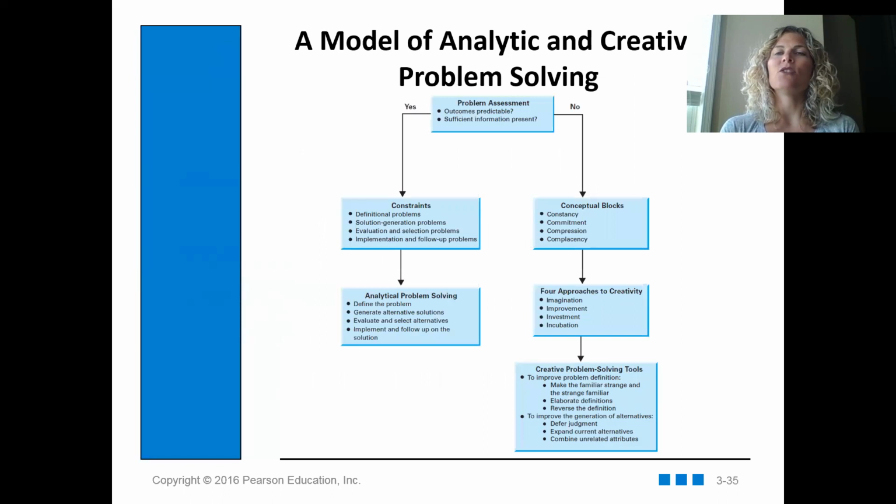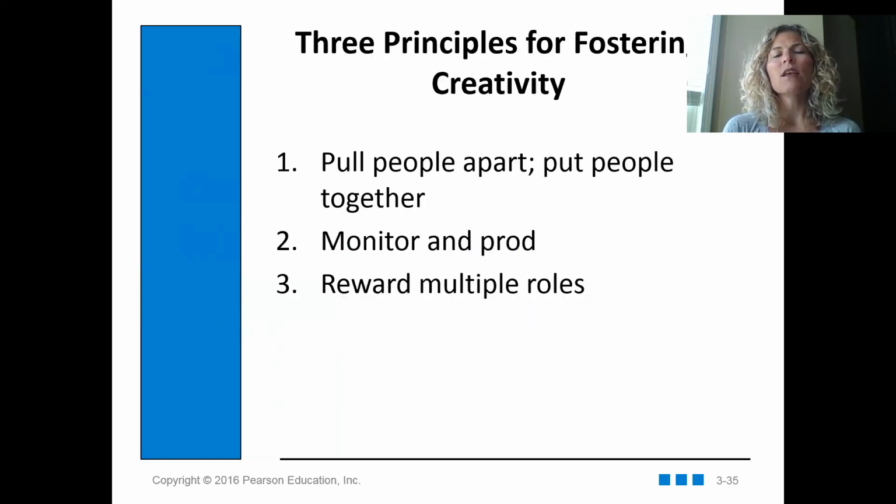And so that will lead you more towards this creative side. And again, the diagram is showing you some of those challenges that you might be faced with, regardless of the route that you're needing or forced to take, and then some of the suggestions of how to work through that particular process.